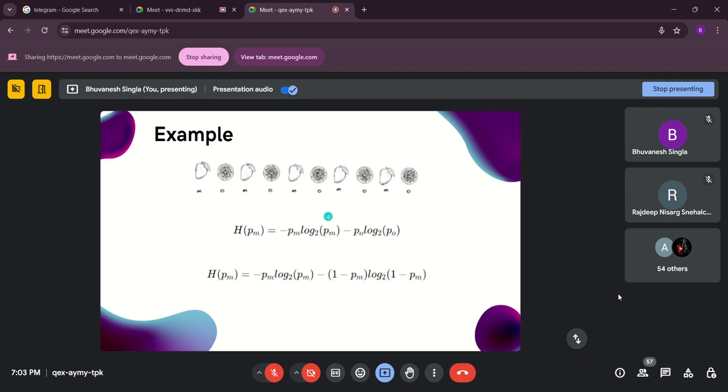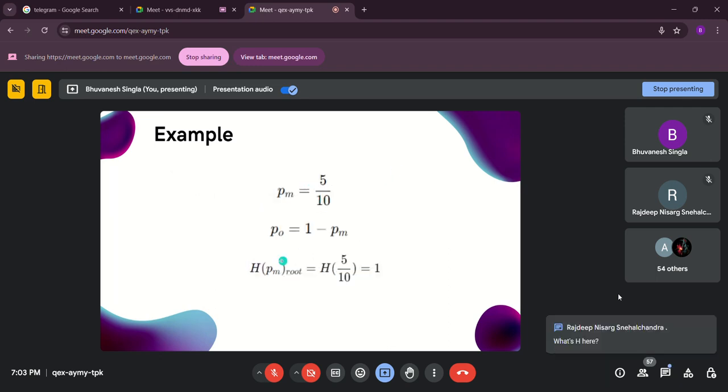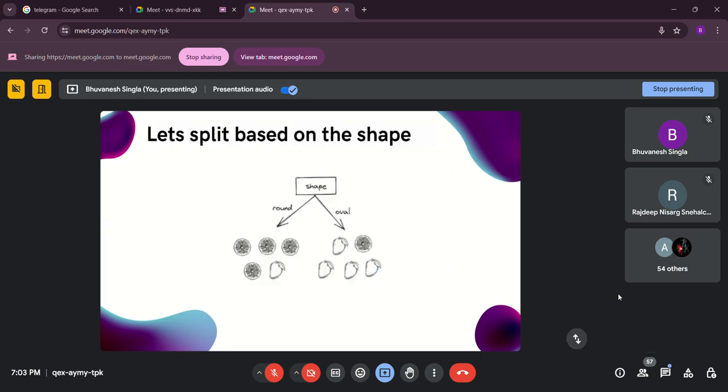P of M represents the probability of mangoes and P of O represents the probability of oranges. Since these are just two classes, you can replace P of O by 1 minus P of M and it would stay the same. So we have defined entropy as a function of the probability of finding mangoes here. In this case, the probability of finding a mango is 5 by 10. We put that value in and calculate the entropy at the root, and you get a value of 1. Right. So now let's try to split based on the shape of the fruit that we encounter.